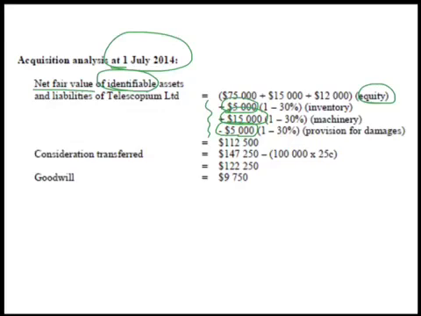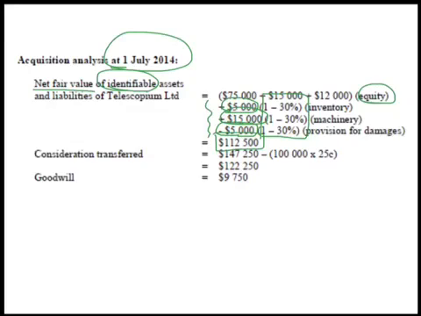So therefore deferred tax liabilities or assets are recognized with regards to these fair value adjustments. So our after-tax adjustments to our equity bring us to a net fair value of $112,500. So that represents the net assets of the subsidiary valued at fair value.